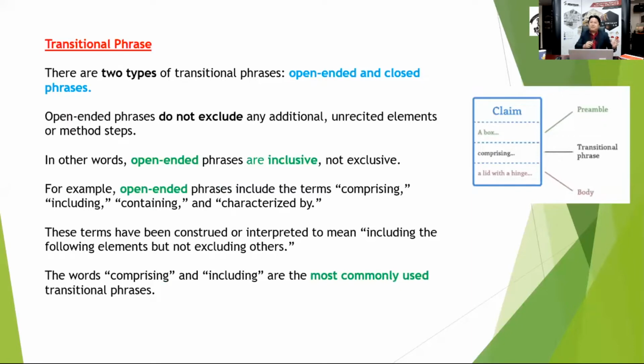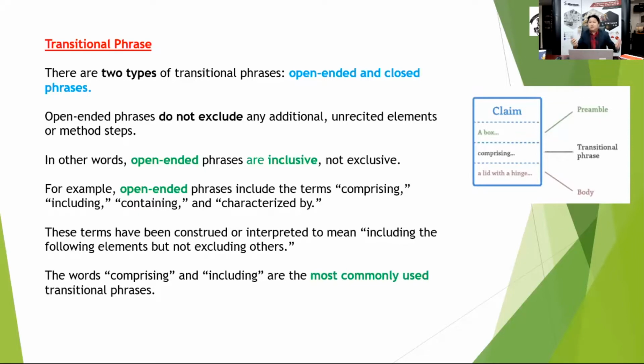Next, the preamble is always followed by a transitional phrase. There are two kinds of transitional phrase: the open-ended and the closed-ended. It's very important that you decide which one to use when you draft your patent claims.